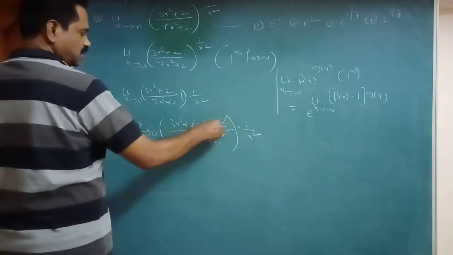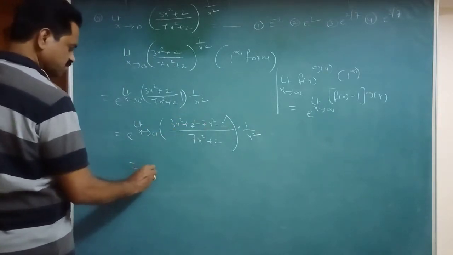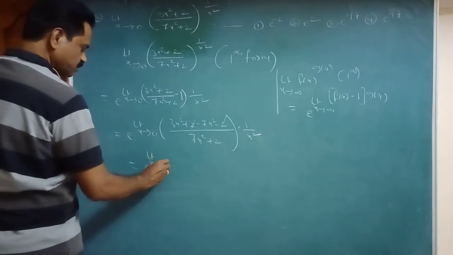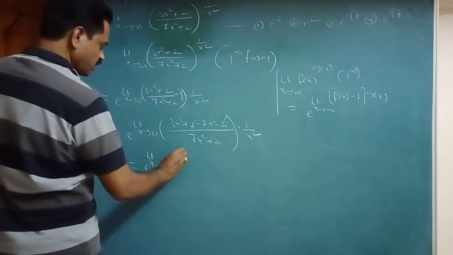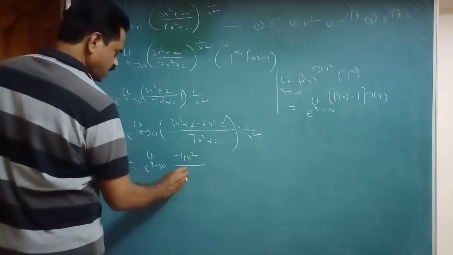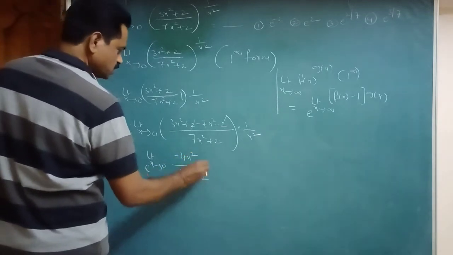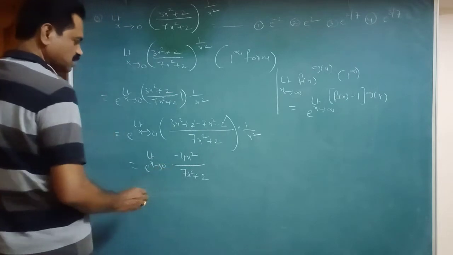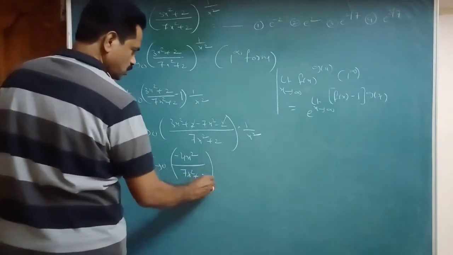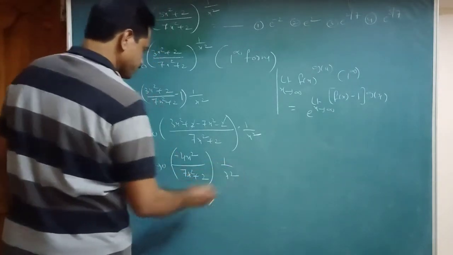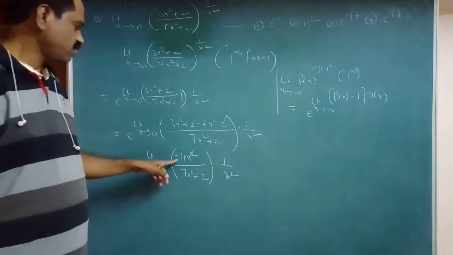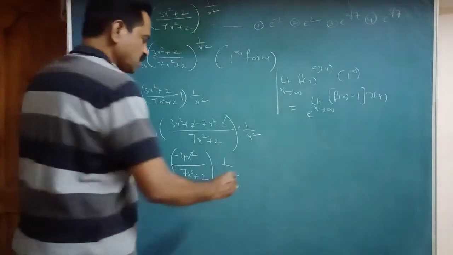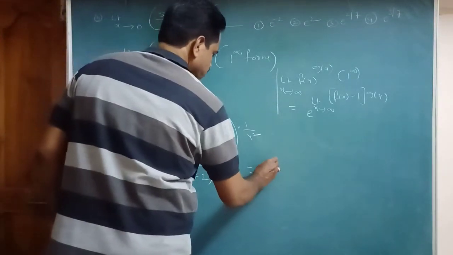The 2s cancel, 3 minus 7 is minus 4x square, divided by 7x square plus 2, into 1 by x square. Here x square cancels, so minus 4 by 0 plus 2, that equals e power minus 4 by 2.